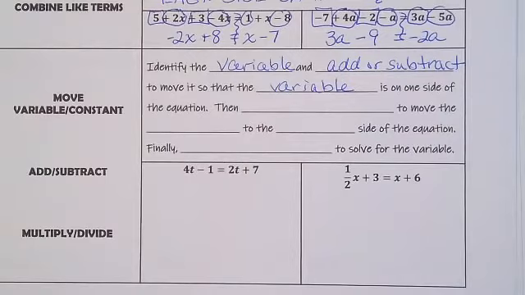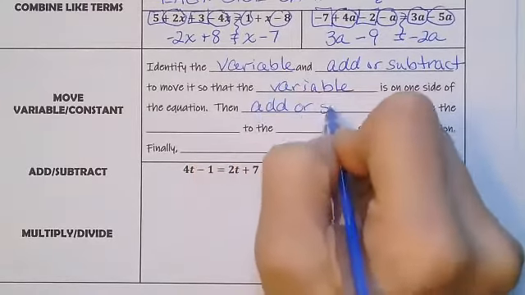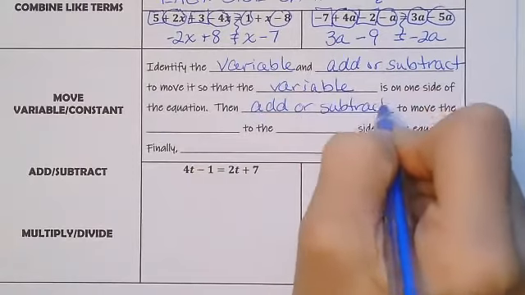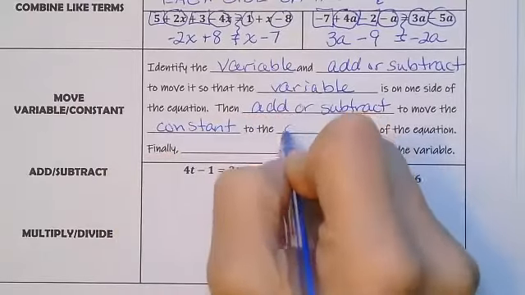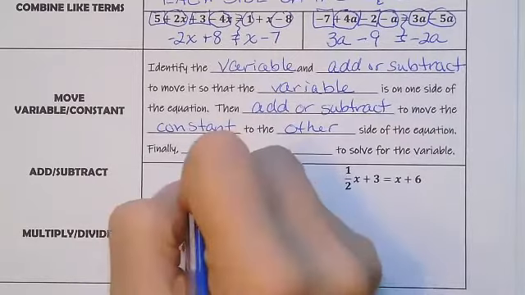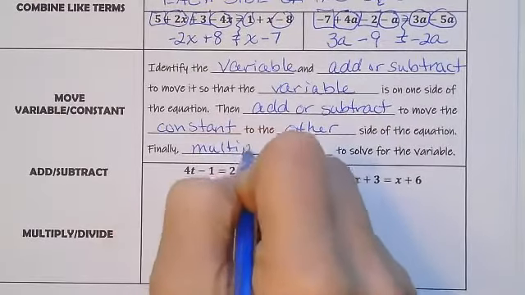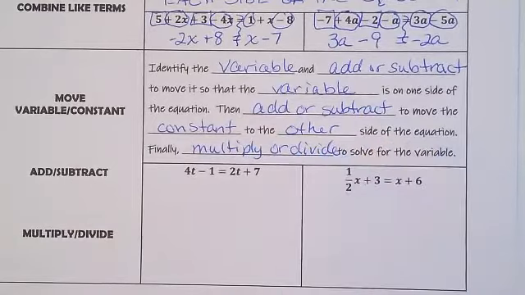Then add or subtract to move the constant to the other side of the equation. Finally, multiply or divide to solve for the variable. Okay, we have two examples to do.